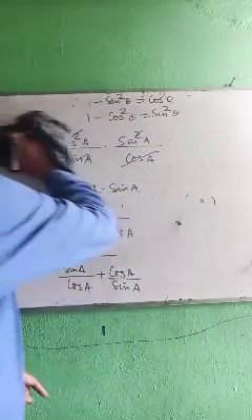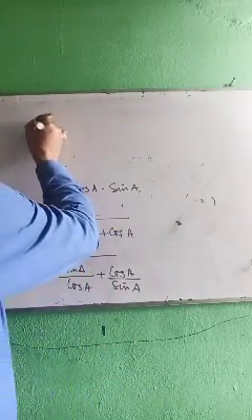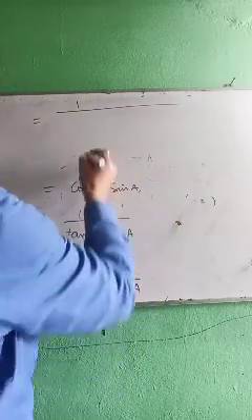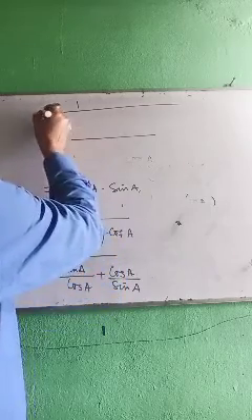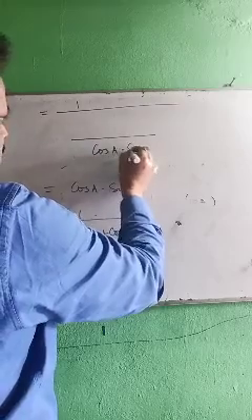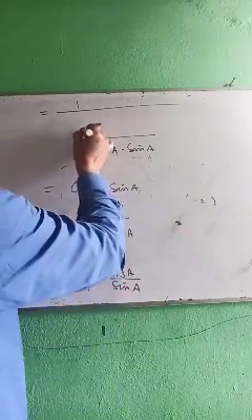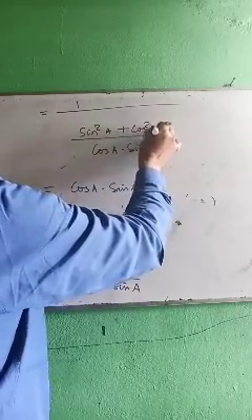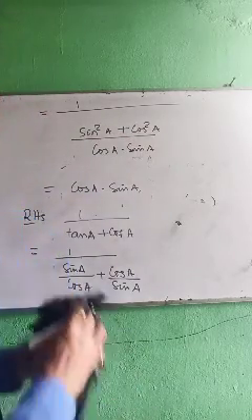So you will get 1 by cos A into sin A as the LCM, and sin square A plus cos square A in the numerator. What is sin square A plus cos square A? 1.